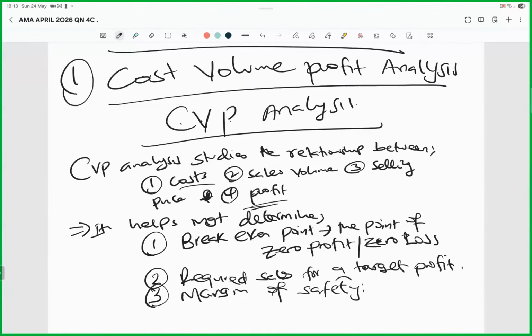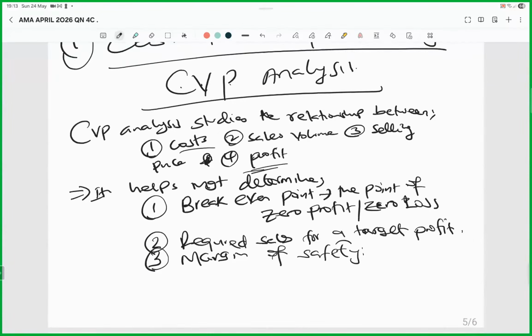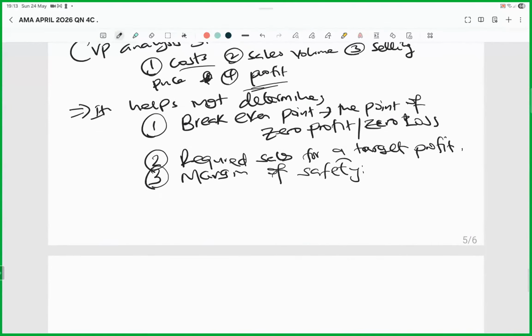Now, ladies and gentlemen, we shall start with the first one here, which is break-even analysis. We shall look at it and then we go to the past papers, right?